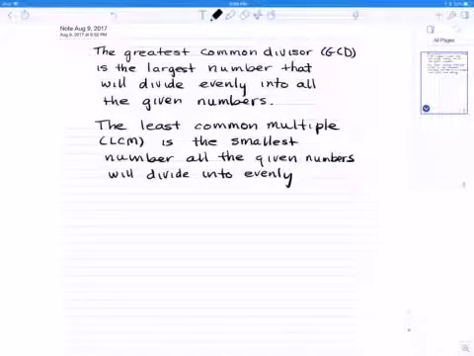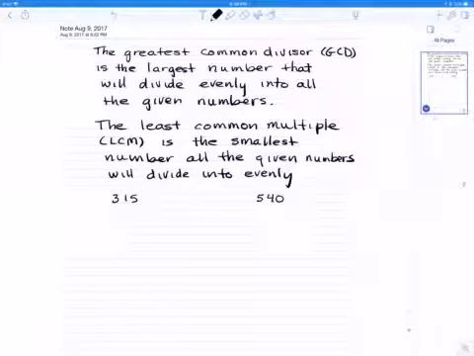So to find the least common multiple and the greatest common divisor of, let's say, 315 and 540, we'll start out by finding the prime factorization of each. So I want to find two numbers that multiply together to get 315.